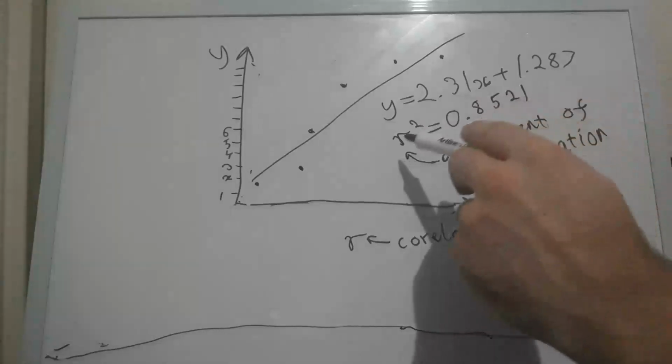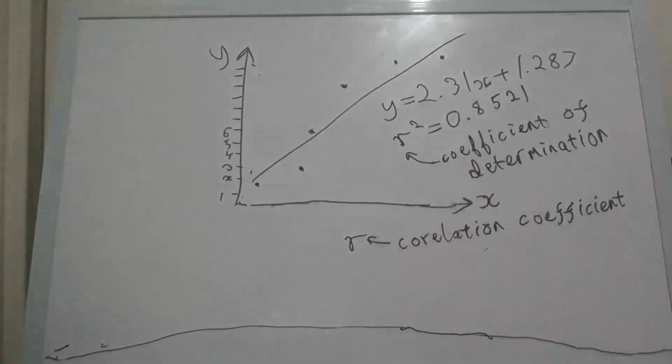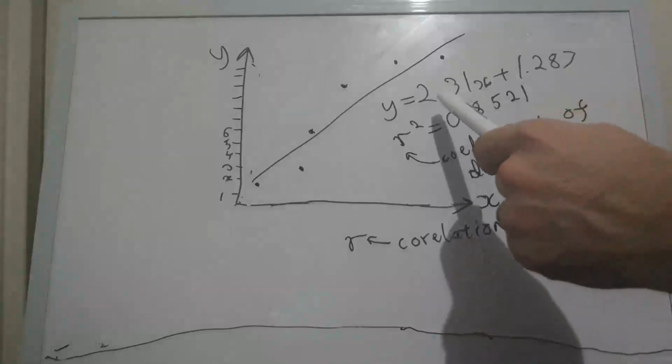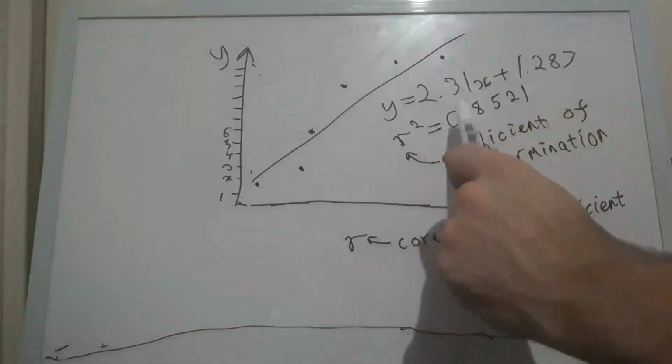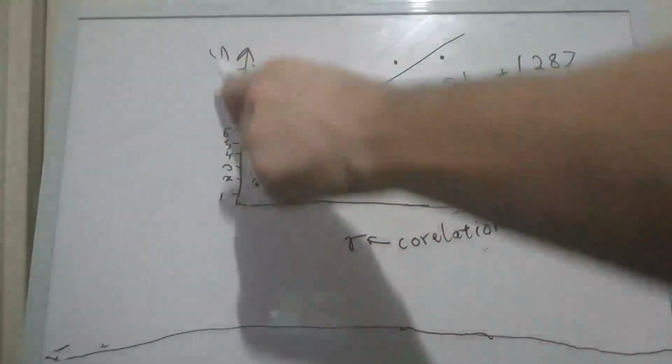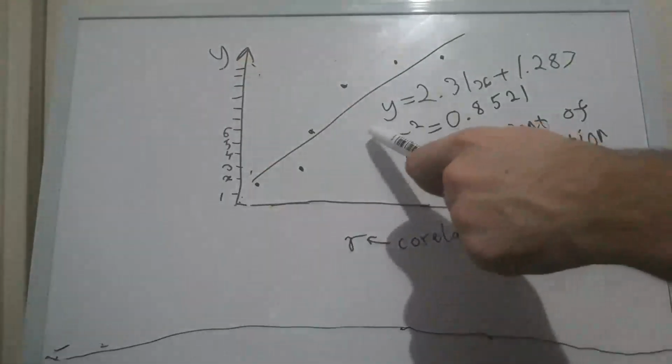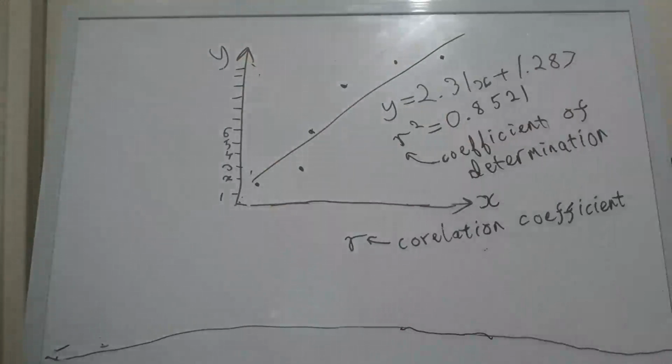Now, r squared and r are very similar. They both describe, in a sense, how well does your data fit the line you've drawn. Or, alternatively, it also says how well does your model describe what your y value will be based on what your x value will be. Because if you get an equation like this, you can put in whatever x value you want, and you can get a y value out of it. It might not be a sensible thing to do in some cases, but you can do it, mathematically at least.